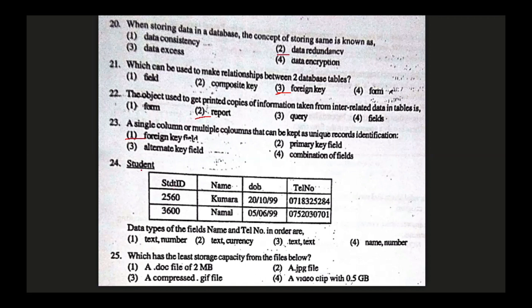24, there is a table as student. In this table there are 4 fields and 2 records. In this record there is a data type of the field named telephone number. Yes, for the telephone number, the data type answer is text. Normally we get text as the data type here.